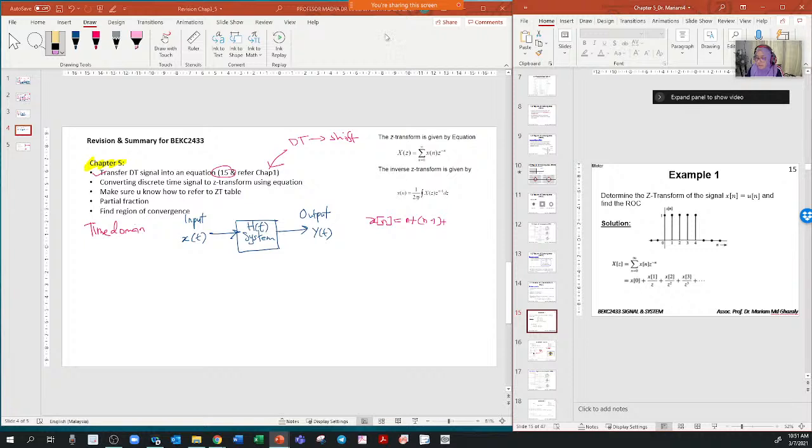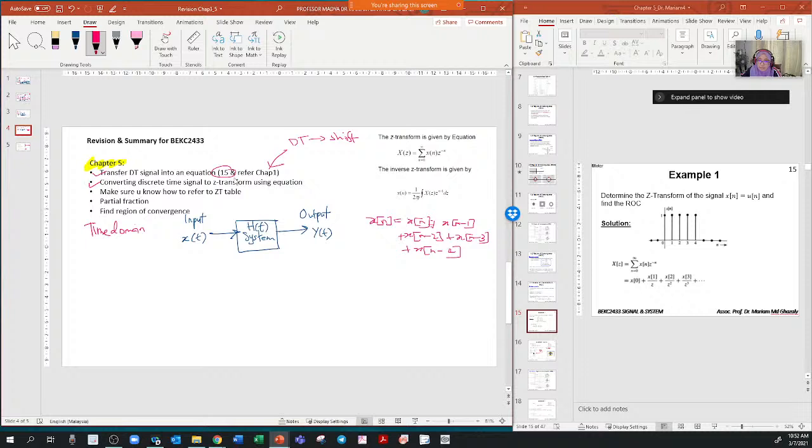You have x[n] plus x[n minus 1], 1, 1, plus x[n minus 2] plus x[n minus 3] plus x[n minus 4]. And the rest is 0. So you have this.